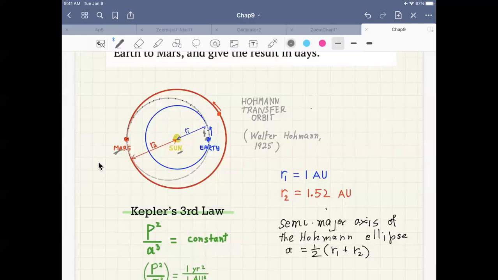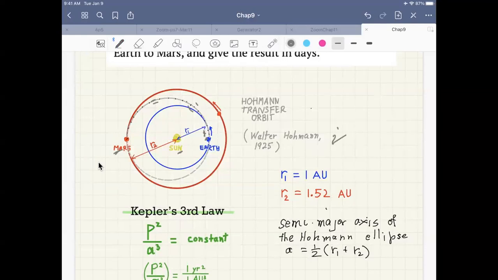And you want it to arrive at that distance r2 at the same time that the planet Mars arrives at that point. So now it will be affected by the gravity of Mars, and it will fall into Mars, and you've landed on Mars. So that's the Hohmann transfer orbit. It's 1/2 of this ellipse.